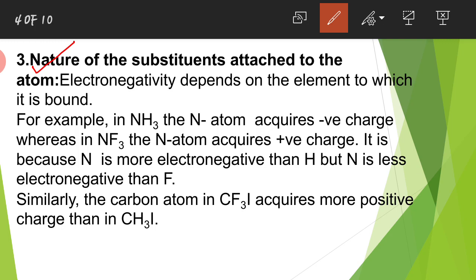It is because nitrogen is more electronegative than hydrogen, but less electronegative than fluorine. Similarly, the carbon atom in CF3I acquires more positive charge than in CS3I.